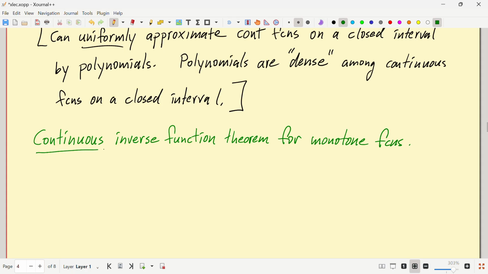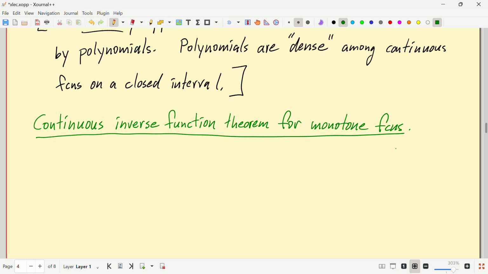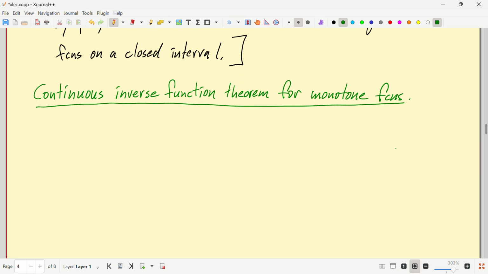And rather than give you proofs like I've been doing today, I'm going to give you a picture proof of it. Let's suppose, I'll do the increasing version. There's a similar theorem for decreasing.